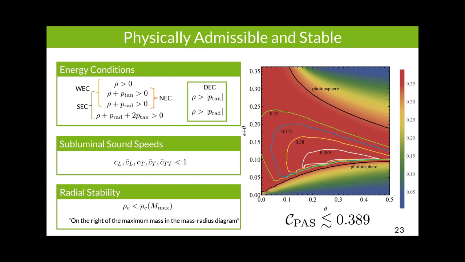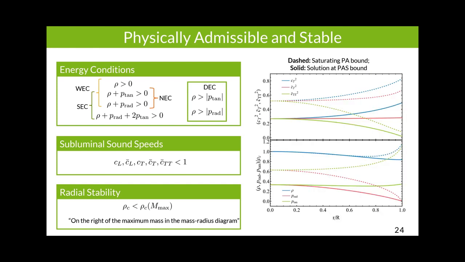And it gives this bound here, 0.389, which is significantly larger than, for example, the fluids here. So we have here solutions that are, well, technically, physically okay from the radial stability point of view and from the energy conditions. They can have a photon sphere outside and also a stable ring inside that we have checked numerically that is there.